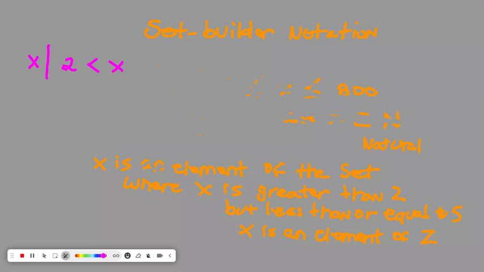It doesn't say anything else about it. But it's less than or equal to 5. And then we had a criteria. x is an element of integers, z. By the way, that's how that element sign should look. So that's set builder notation.